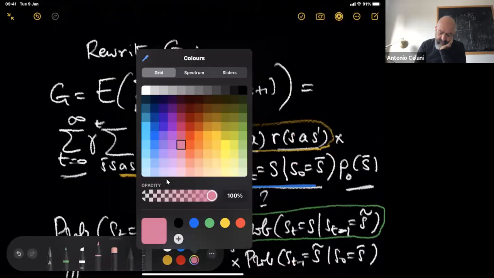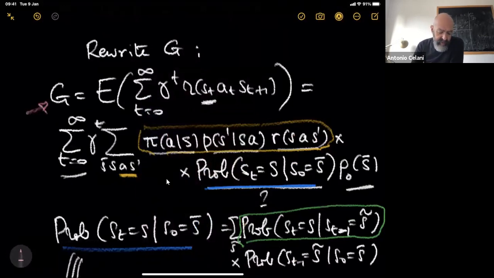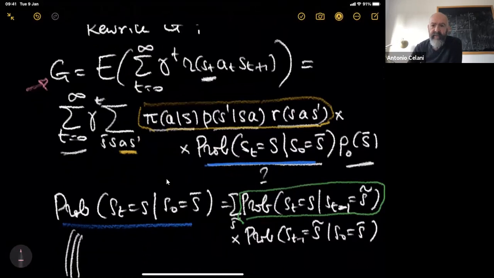We start from here. So this is the definition of my G. You should be slightly nauseous for the number of times that I wrote this on the board. This is, as usual, the cumulative discounted sum of rewards.